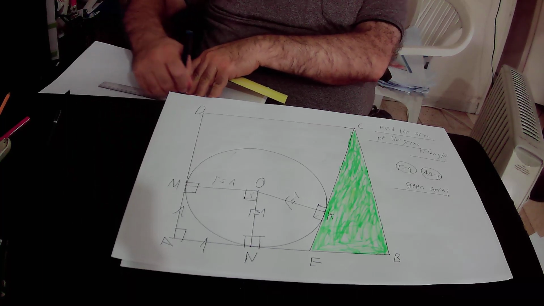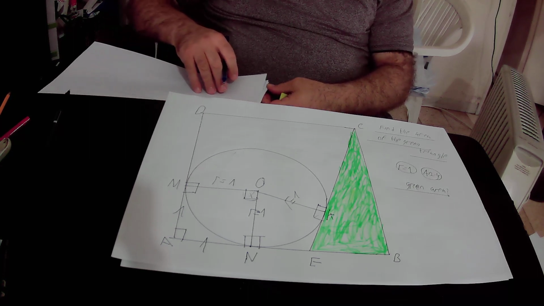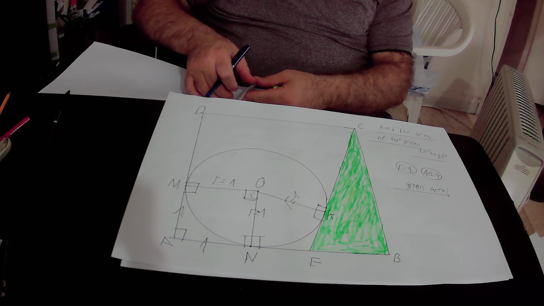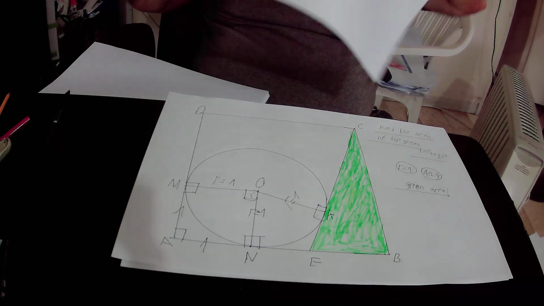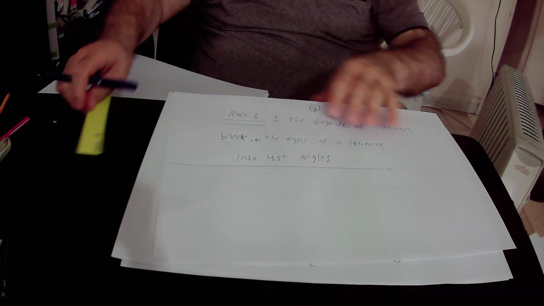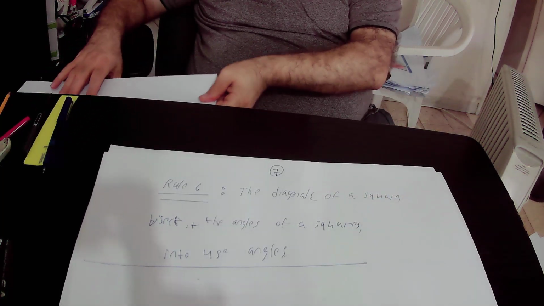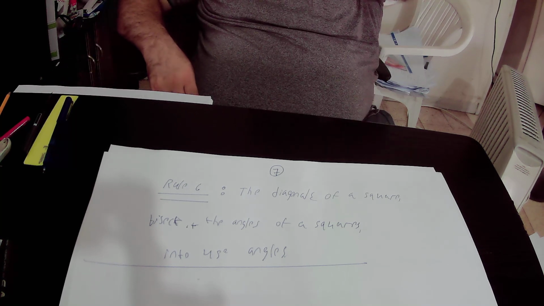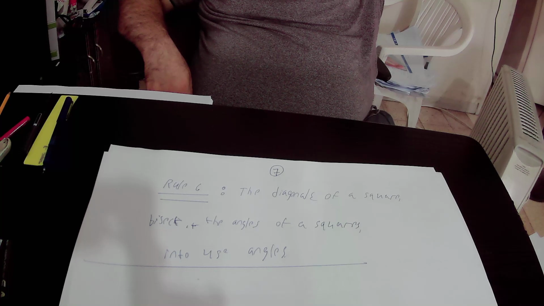So I'll read rule number 6 again. According to rule number 6, the diagonals of a square bisect the angles of a square into 45 degrees angles.